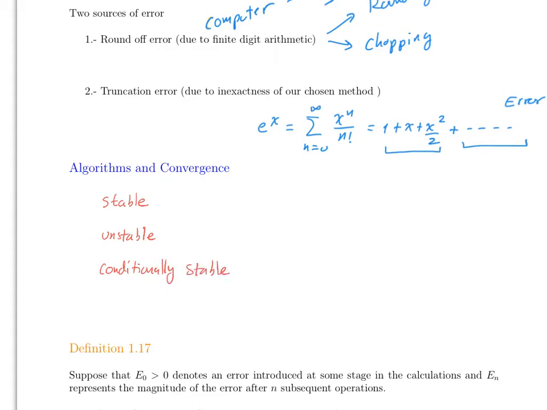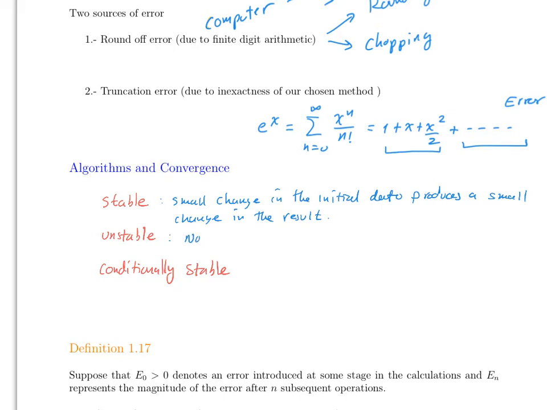Okay. Stable means that a small change in the initial conditions or initial data produces a small change in the final result. So that's what stable means. And unstable pretty much means not stable.